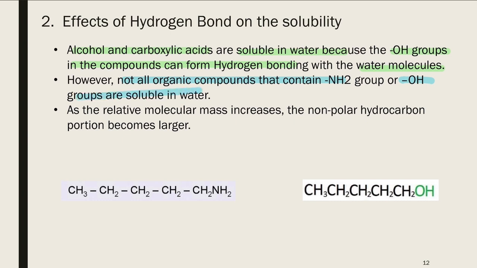Tapi bukan semua organic compound yang mengandungi NH2 ataupun OH will be soluble in water. This is because as the relative molecular mass increases, the non-polar hydrocarbon portion becomes larger. So ceritanya begini, NH2 dan juga OH ini dia akan soluble in water sebab dia adalah hydrophilic area. Tapi dia ada ekor yang kita panggil sebagai non-polar hydrocarbon portion.